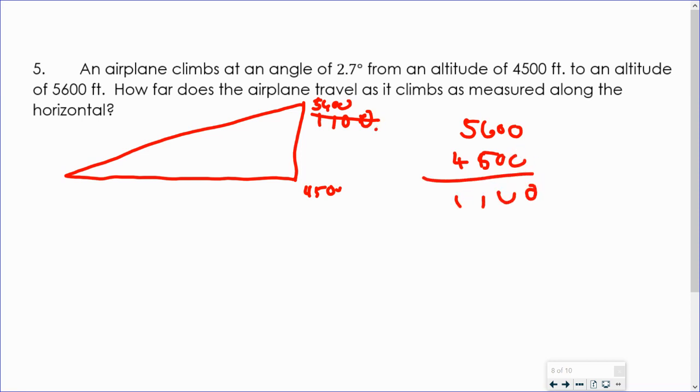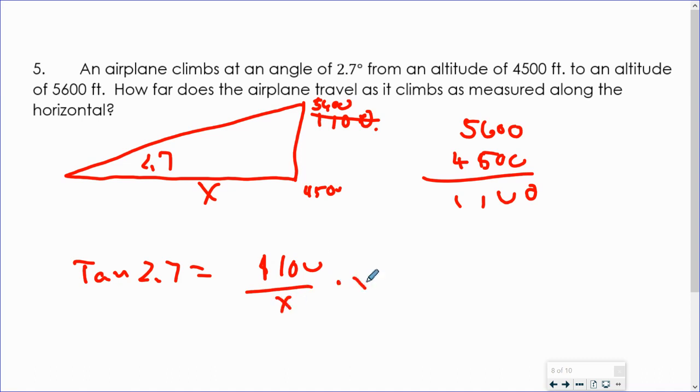So I got this, 2.7 degrees. Want to know this. So the tangent of 2.7 is equal to 1,100 divided by x. Multiply both sides by x. X times the tangent of 2.7 is equal to 1,100.